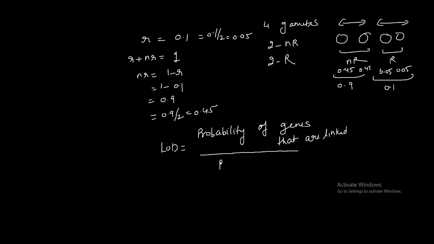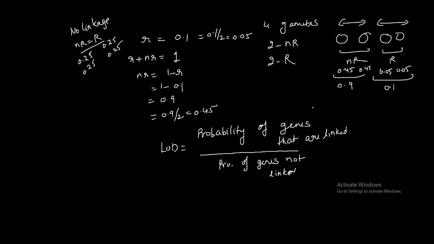If they are not linked, the frequency is always going to be equal for the recombinants and the non-recombinants. Remember that when there is no linkage, the frequency of the non-recombinants is always going to be equal to the frequency of recombinants. It is always going to be 0.25, 0.25 for the non-recombinants and 0.25, 0.25 for the recombinants.